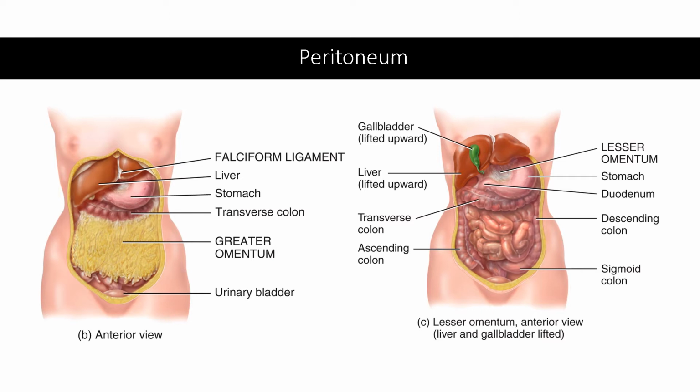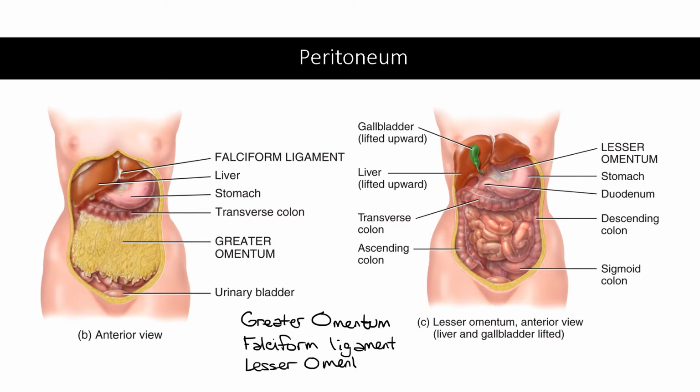These are the greater omentum, the falciform ligament, the lesser omentum, then there's the mesentery and the mesocolon. So we'll just briefly discuss each of these.